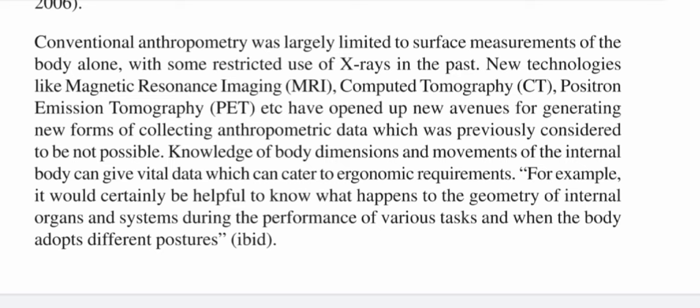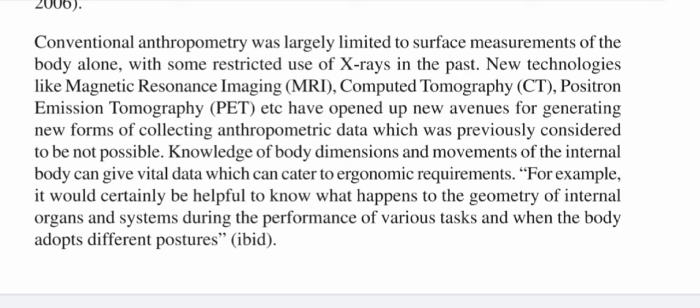New technologies like magnetic resonance imaging (MRI), computed tomography (CT), positron emission tomography (PET), etc. have opened up new avenues for generating new forms of anthropometric data which was previously considered not possible.